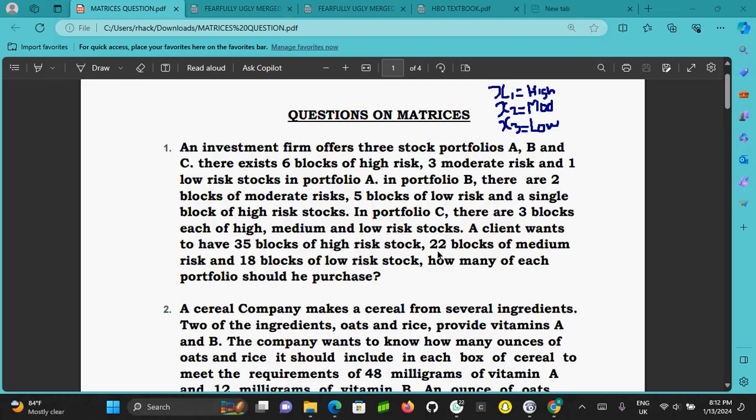Then we pick the medium risk in portfolio A, B, and C, and equate it to 22. Then the low risk in portfolio A, B, and C, and equate it to 18. So I hope you guys all have a question.